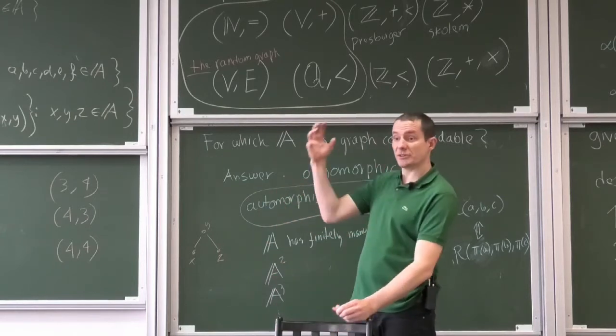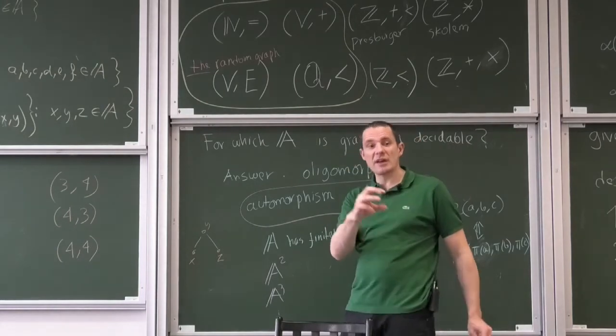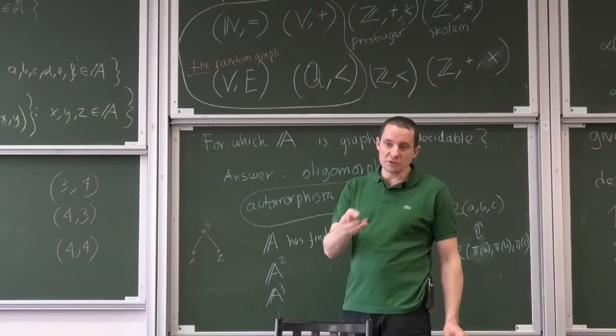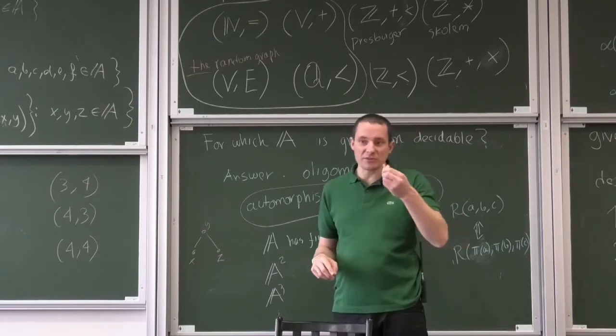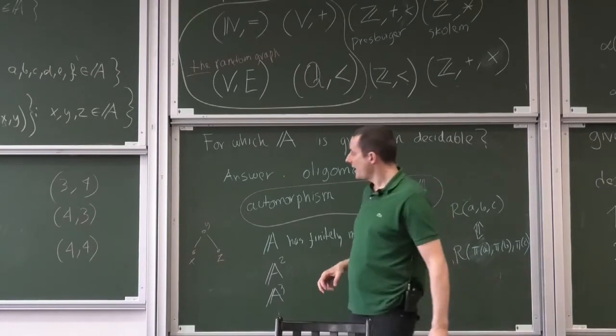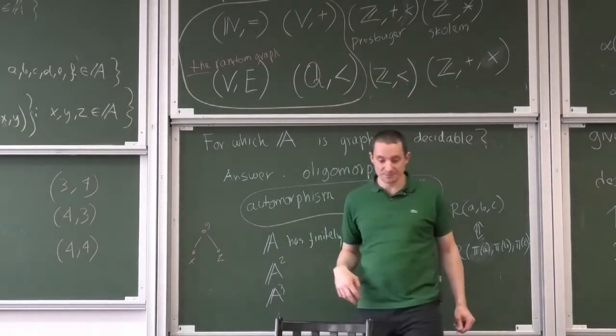And if you want to map this to some other triple, then you need to have the edges in the same places, and that's enough. And if we're talking about the simple random graph, apologies to those who don't know this notion, we'll do it at some point, then for each edge you just have to say what it is.